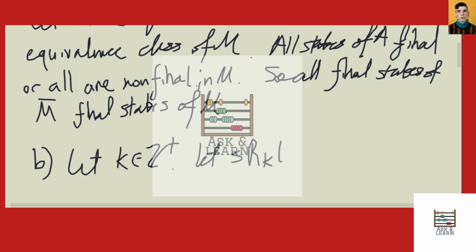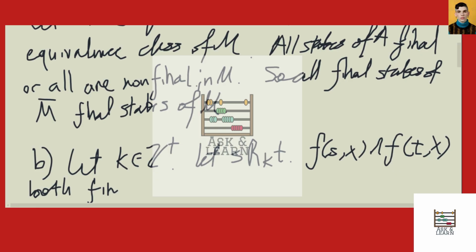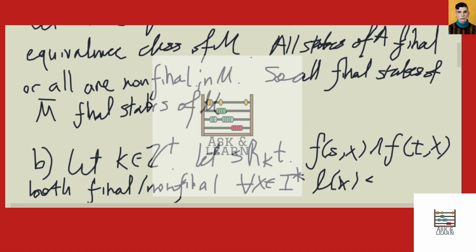Now suppose that s is k related to t. Then it follows that f of sx and f of tx are both final states or are both not final states for all strings x of length less than or equal to k.